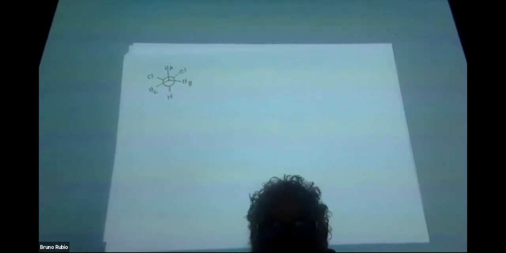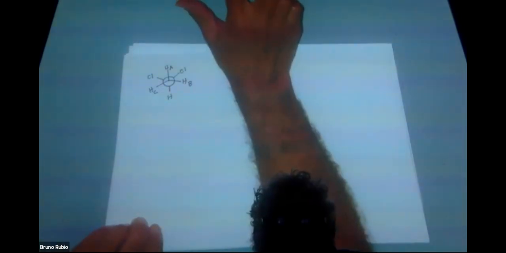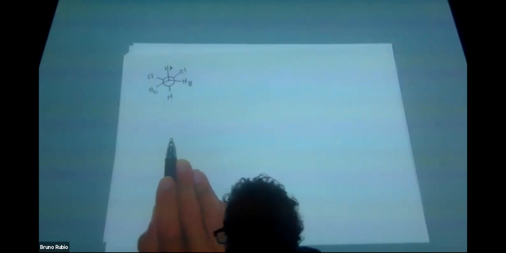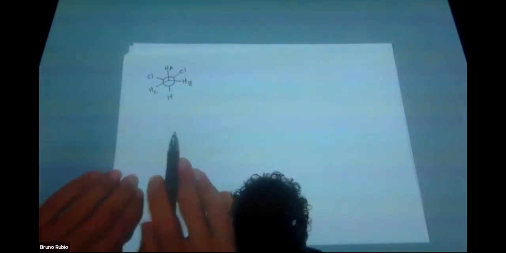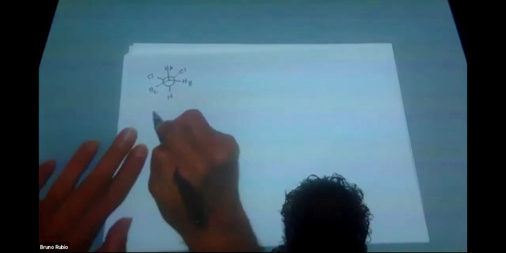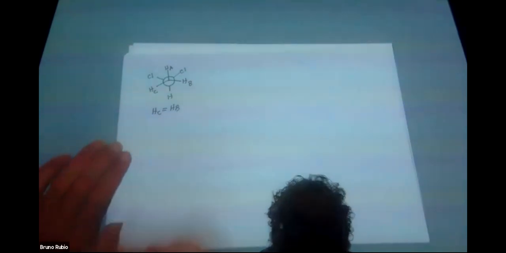Oh, it is going to give me 2 signals because this Newman projection has symmetry, right? There's a plane of symmetry that says that the left is the mirror image of the right. So in this Newman projection, the HC is equivalent to the HB, but the HA is unique.